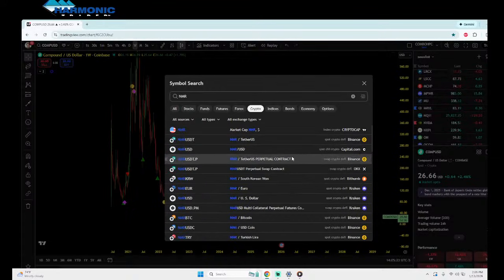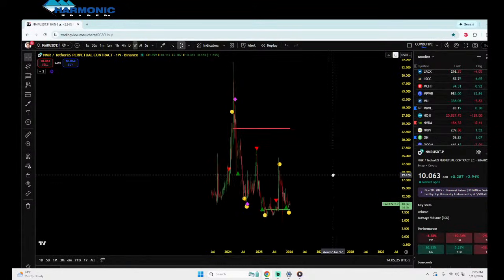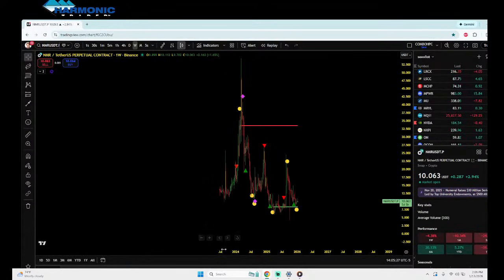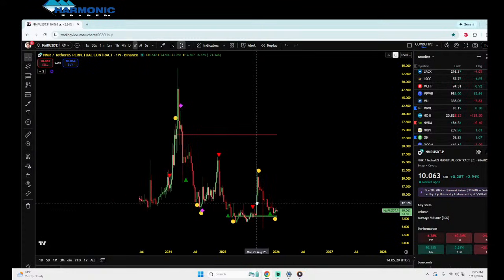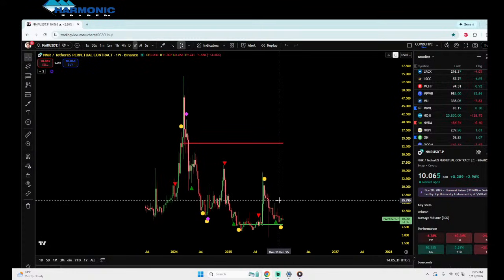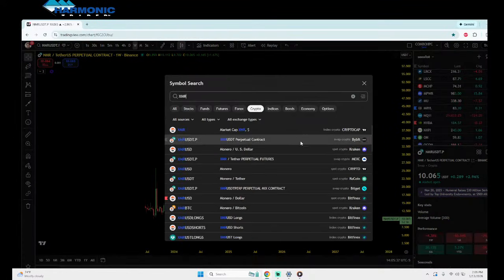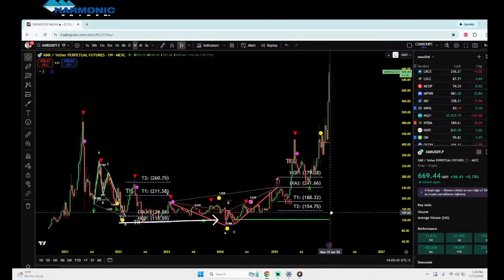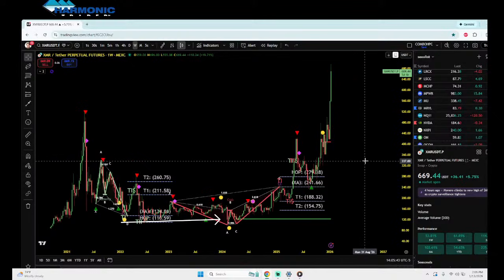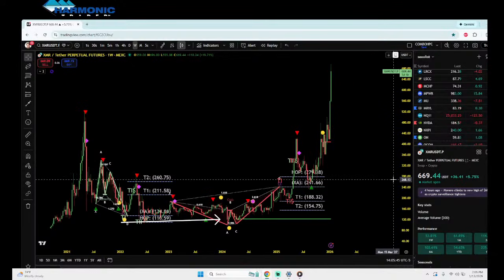Do I have that? Maybe. Again, not a trending situation. The difference between this and Zcash or Monero is they had steady bases. Monero had a whole bunch of history looking left preceding this massive run. That was steady higher highs, higher lows. I don't know. You guys let me know.